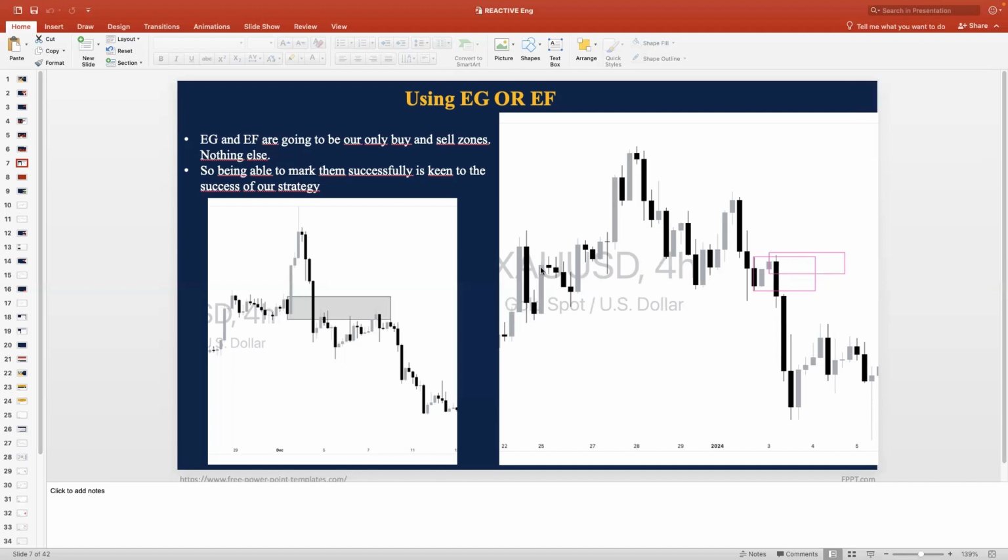Why? Because we engulfed this candle. It failed here, even though price didn't get to it. So here is an engulfing field. See that this engulfing field failed. It was a late engulfing field.